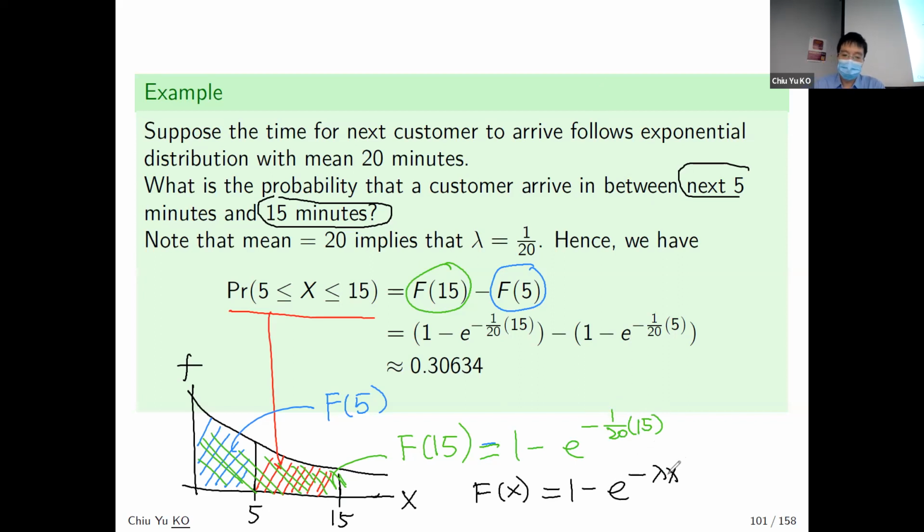So that's how you get F15 and F10. I don't think you have any issue. It's just like 1 minus e to the negative 5 over 20. So any calculation will give you the answer. Is that okay?